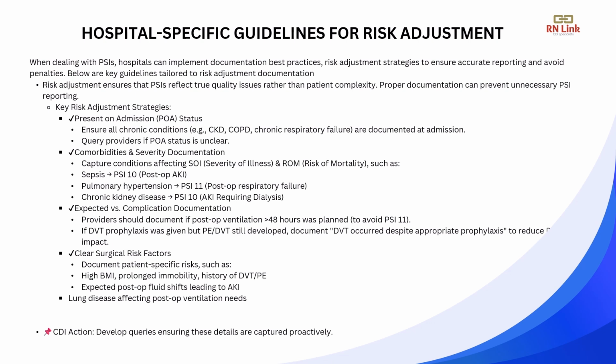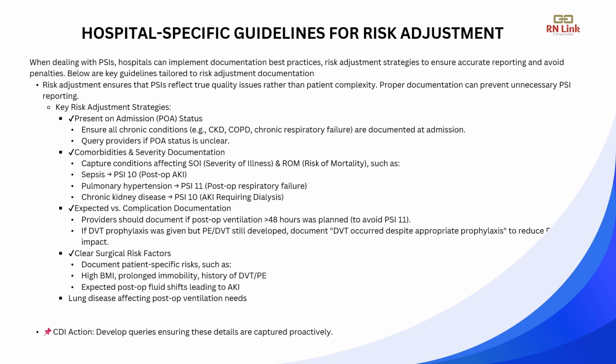When dealing with PSIs, hospitals can implement documentation best practices and risk adjustment strategies to ensure accurate reporting and avoid penalties. Below are key guidelines tailored to risk adjustment documentation. Risk adjustment ensures that PSIs reflect true quality issues rather than patient complexity.